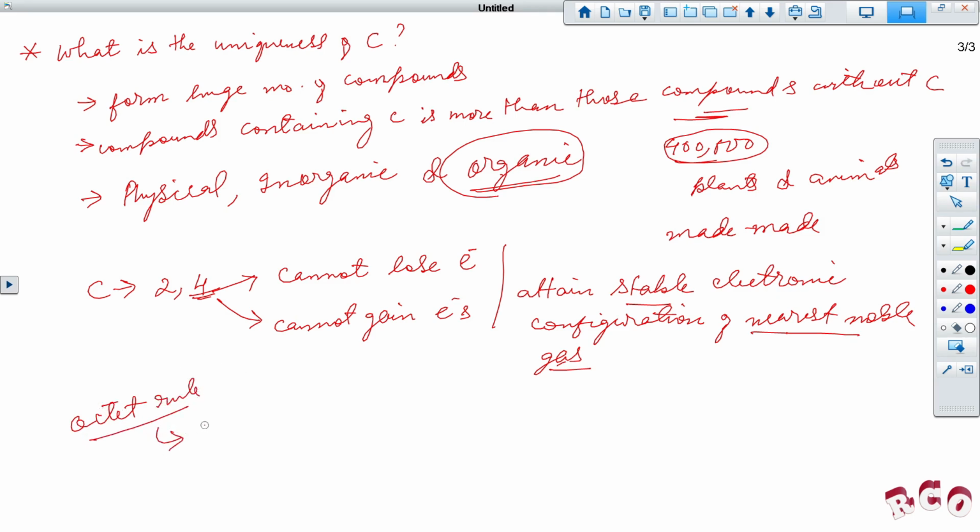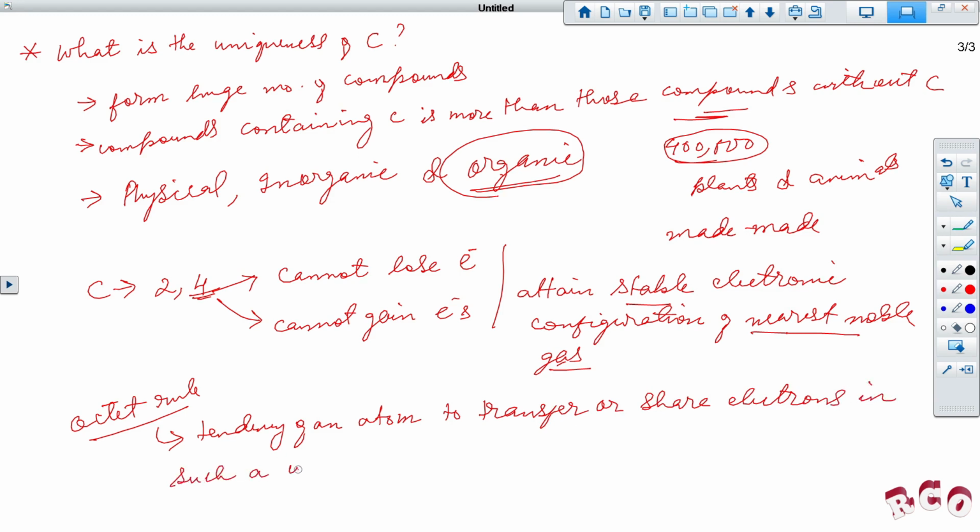The octet rule is the tendency of an atom to transfer or share electrons in such a way that the outermost orbit has 8 electrons.